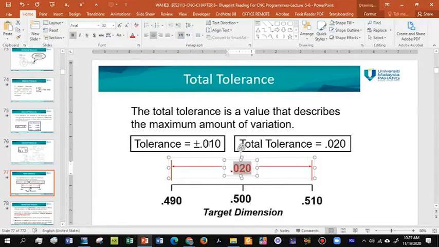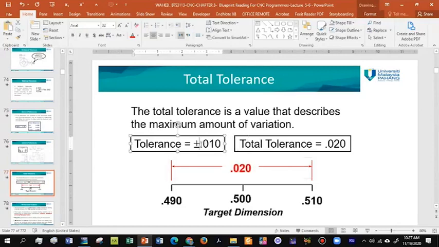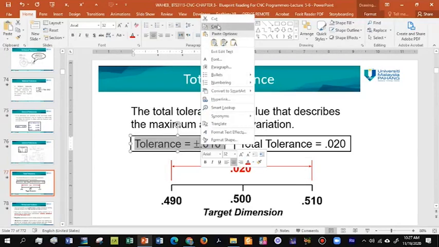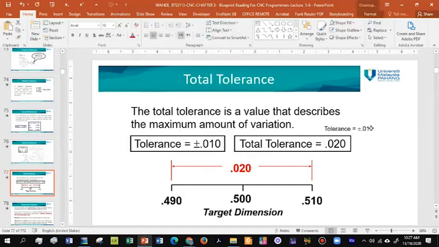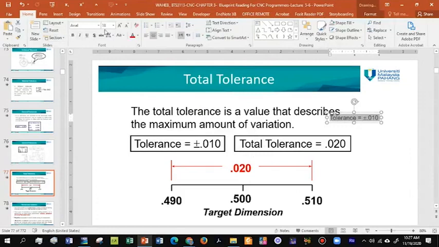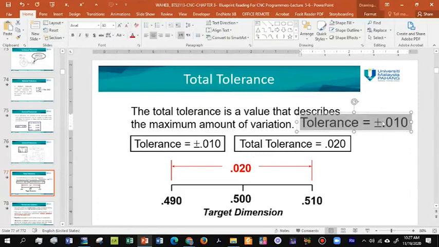But if this one, for example, is plus 0.01 minus 0, like we said before, it is unilateral. So it's not like plus minus here. The tolerance in this case is 0.01 only on the plus side, and for the minus it is 0.000.